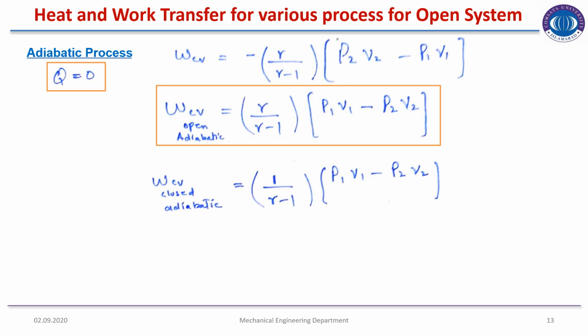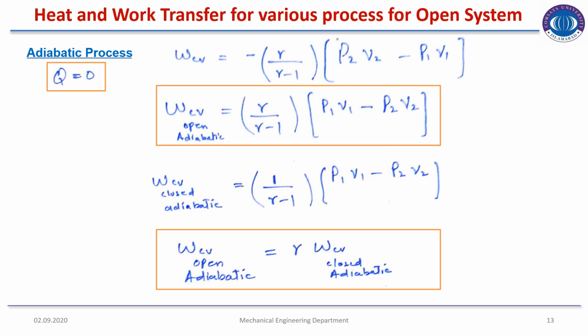Previously, we found in lectures 3 and 4 the heat transfer and work done for a closed system as well. By remembering from the previous lecture, we found that the control volume work done for a closed system for an adiabatic process is given by 1 over gamma minus 1 into P1 V1 minus P2 V2.